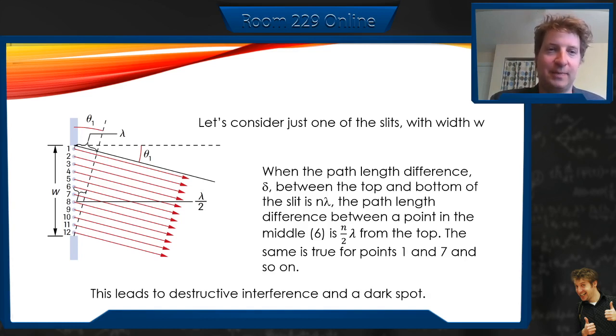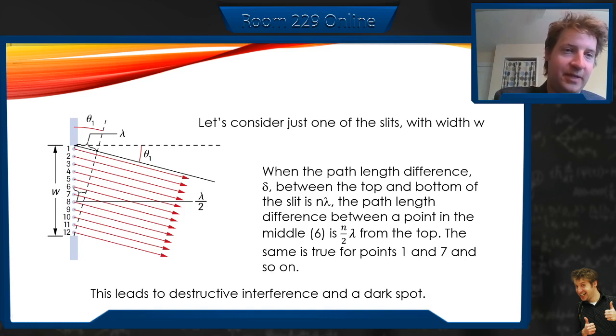It's because of these spatial path differences as we go from the source, the slits here, to our screen, where we're actually observing it. So if we consider point 1, and then a point, let's say, down here at 6, that's halfway along.